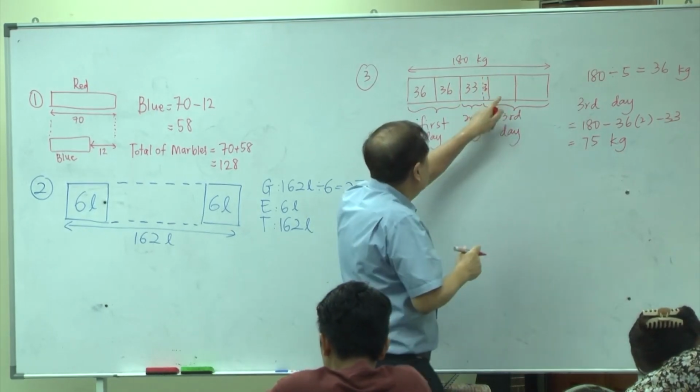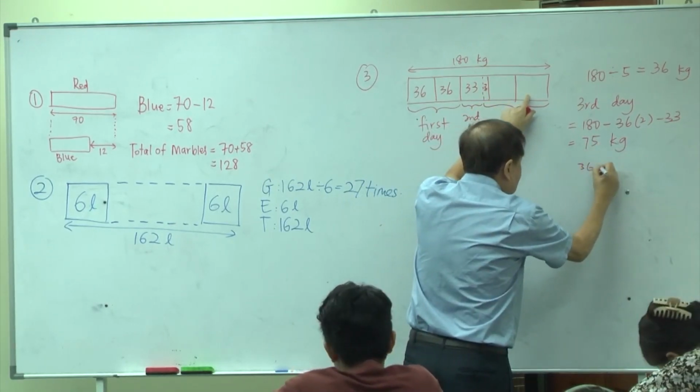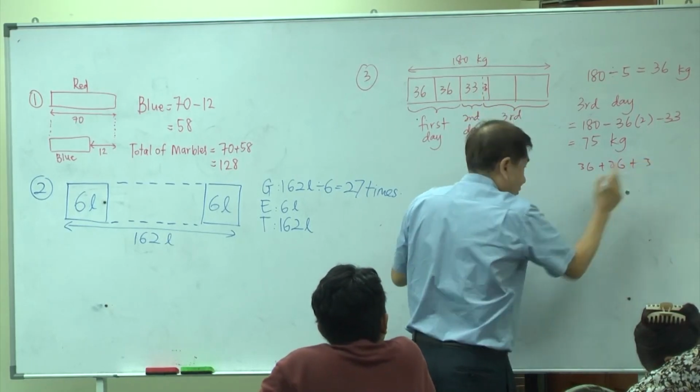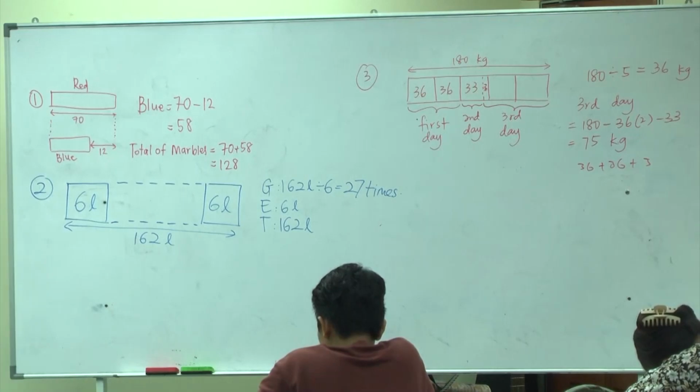So the kid can see that this is also 36 and 36. I can do 36 plus 3. That's one way of doing it. The kids can do it in a different way. So now you see why, in a bar model, people can draw it in different ways.